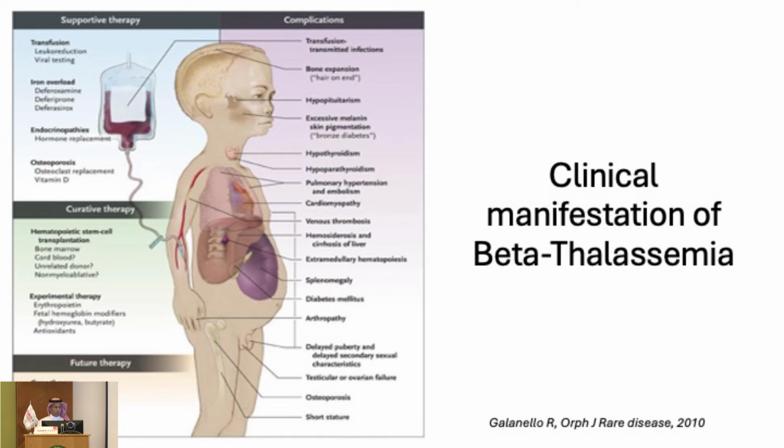As you can see in this picture, this child is affected in different ways due to the disease itself and due to the treatment, which is blood transfusion with iron overload. Different organs are affected: the skull, the face. You can appreciate the hepatosplenomegaly and the osteoporosis.